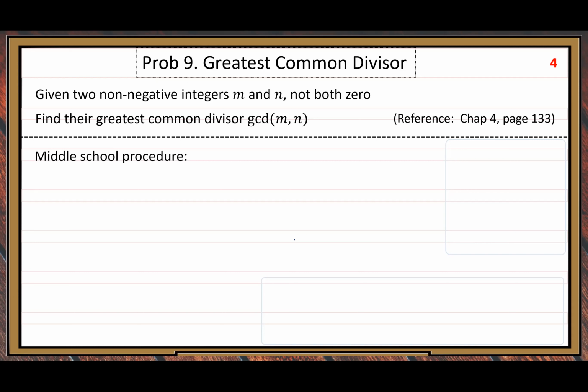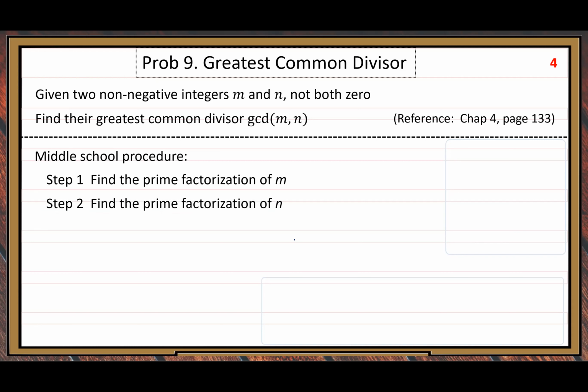In middle school, how do we find the answer? Step by step. Step 1, find the prime factorization of the first integer m. Step 2, find the prime factorization of n.